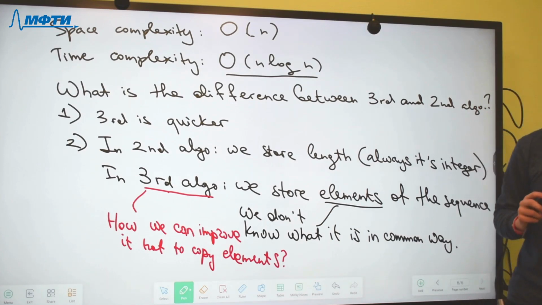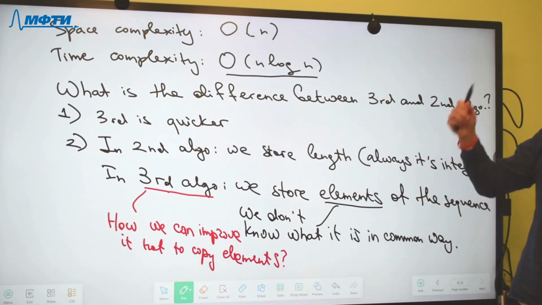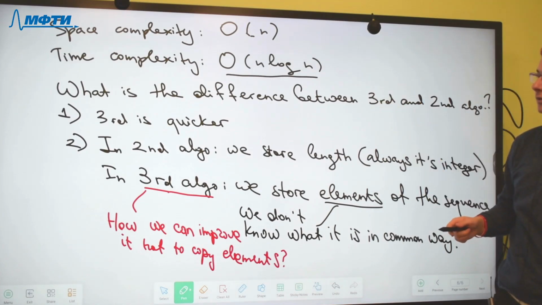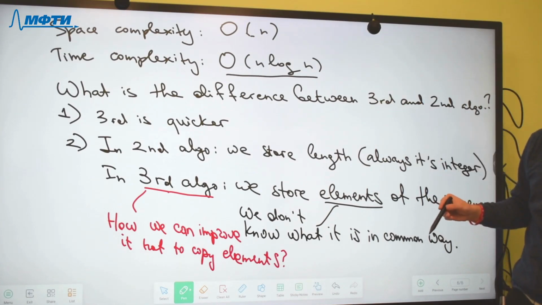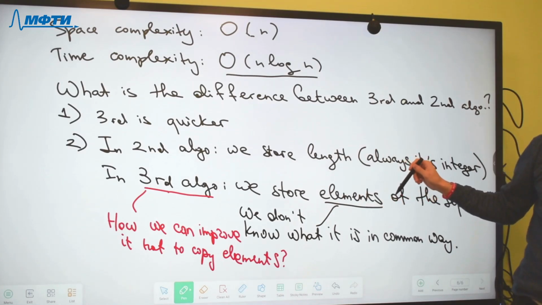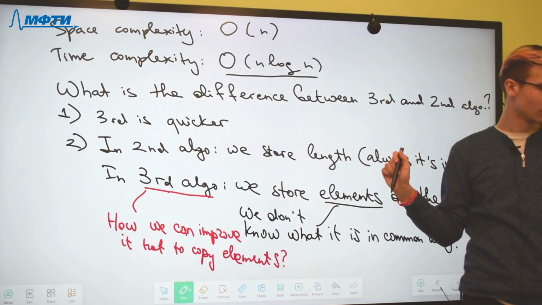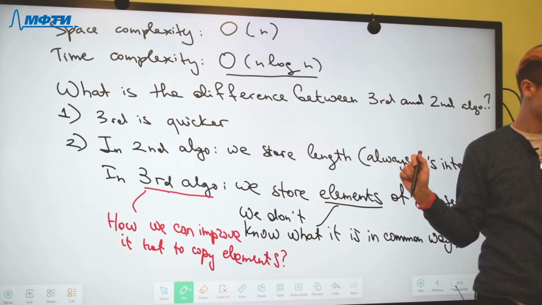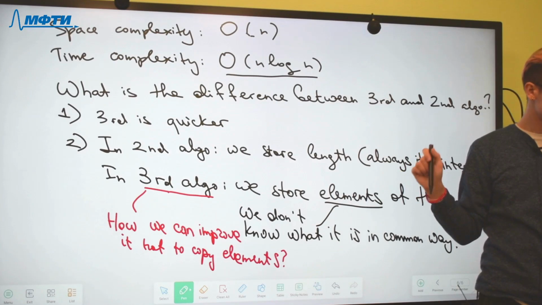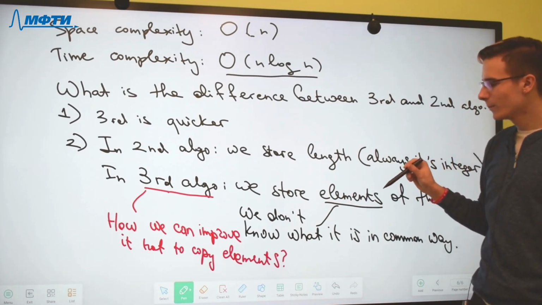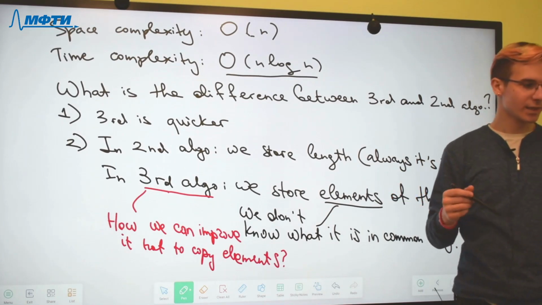Yeah, because if you use the definition as on the board, you copy elements and you can spend a lot of time on it. Sorry, are we talking about space complexity or time complexity? Time complexity. Because when you copy elements, you spend time on it.